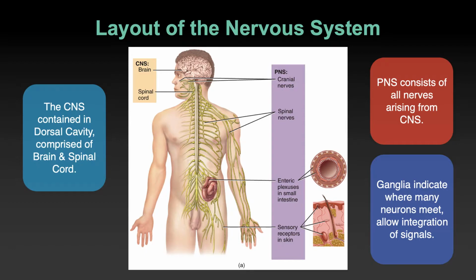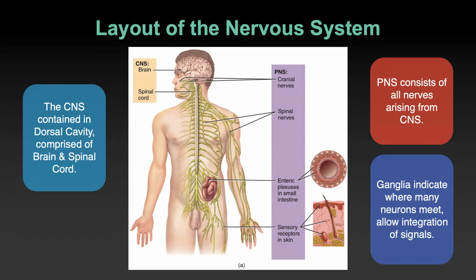And ganglia are simply an aggregation of many different neuronal bodies. So a lot of nerve cells are clustered within a ganglion. Ganglion is one, ganglia is multiple. So those little growths, those projections simply indicate there are a lot of cells there.